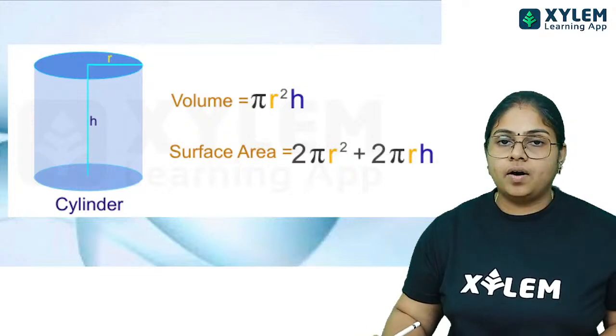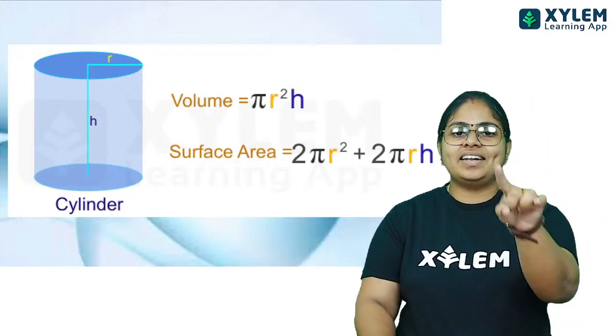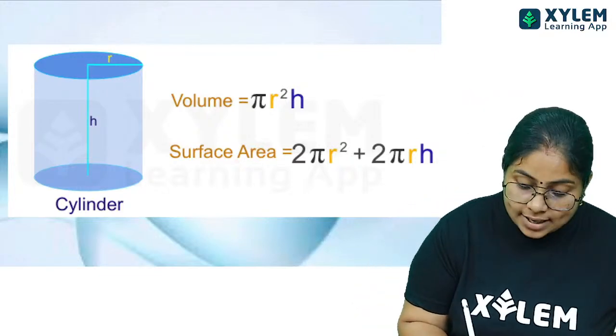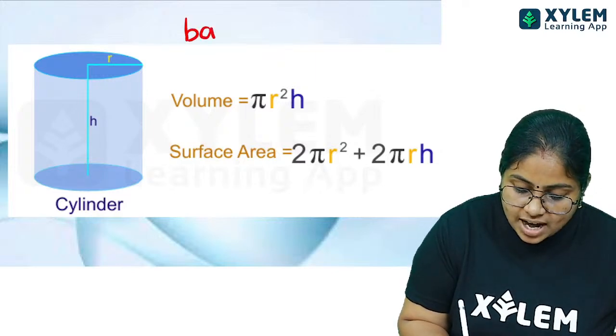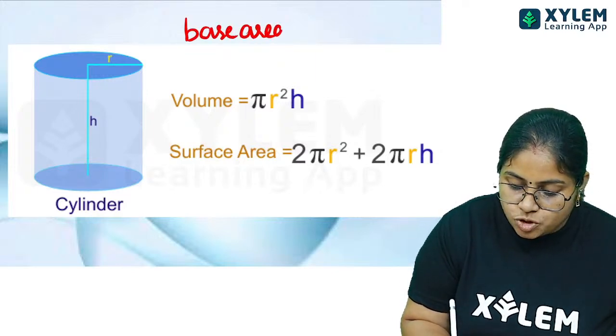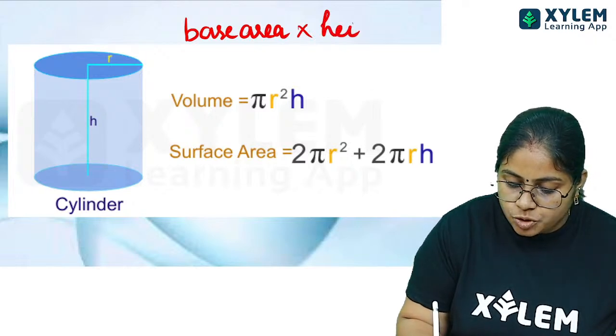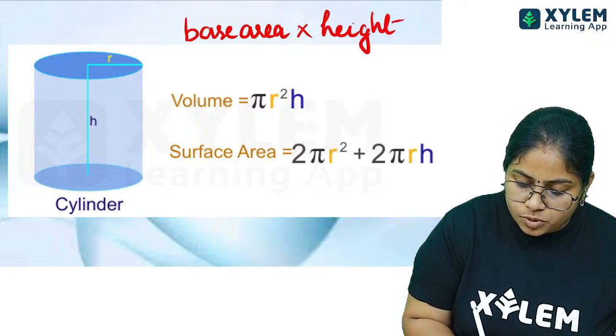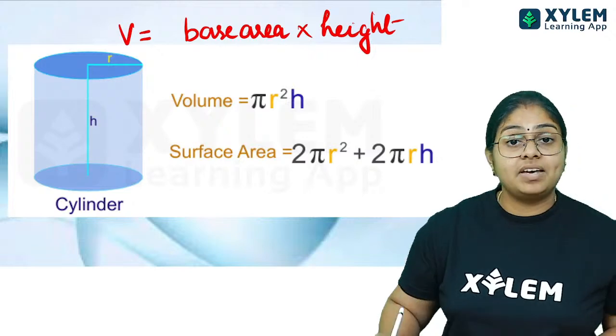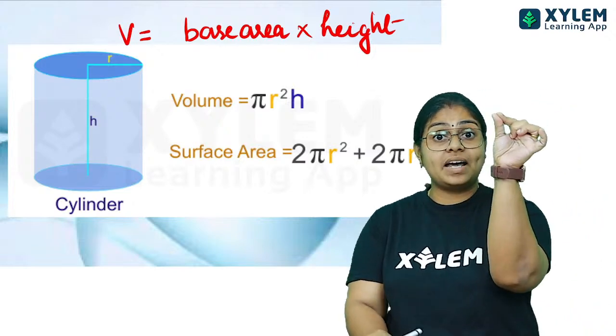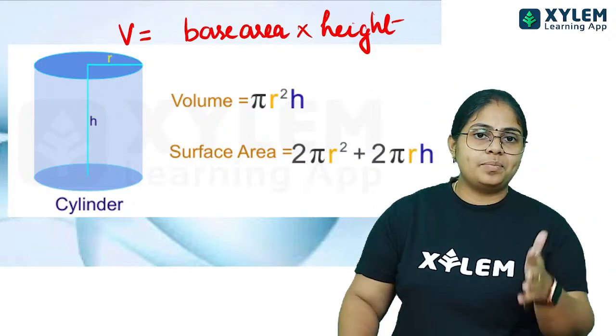Now it's volume. As I told you, for the volume of a solid, we take base area into height. Generally, when we multiply base area with height, we get the volume.